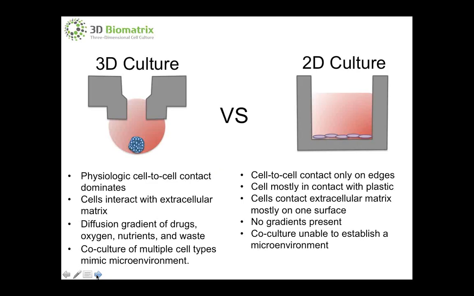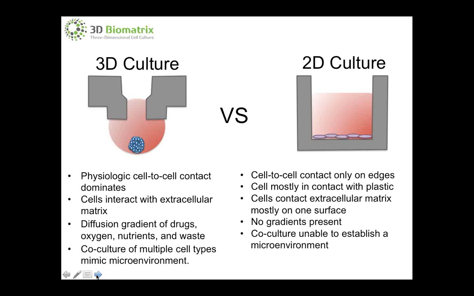So this slide illustrates an example of a 3D culture on the left, and for this example we've chosen a hanging drop plate, versus a 2D culture on the right in the more standard format that people are used to seeing, being either a well plate or maybe a round bottom dish. What you notice when you look at these two different ways of culturing cells is that on the left, in a 3D cell culture, physiologic cell-to-cell contact dominates.